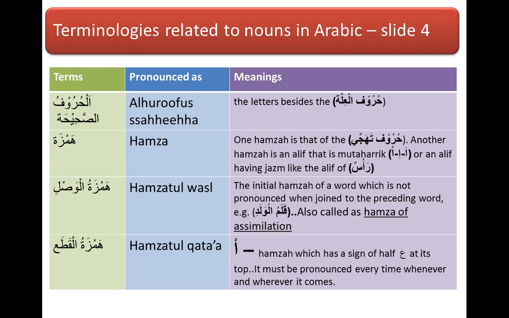Here is the example. Alamul Walad. In this example, as we can see, Alif has been written, but the sound of Alif is not there while pronouncing.